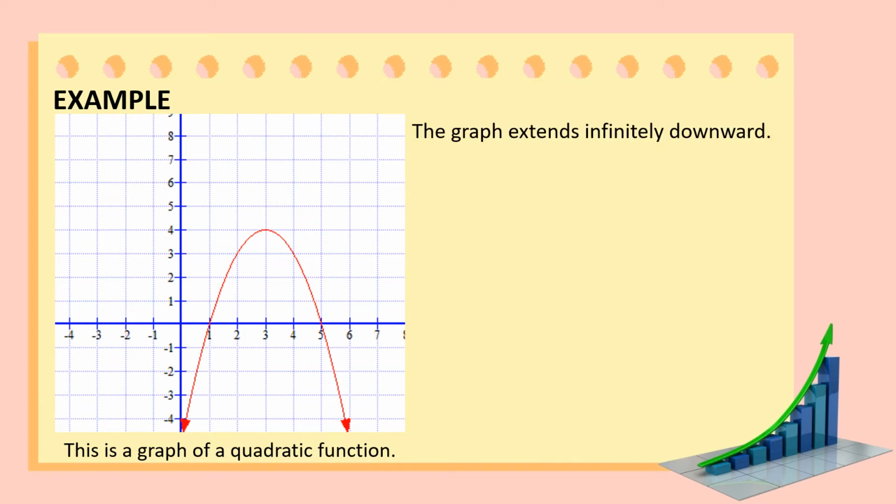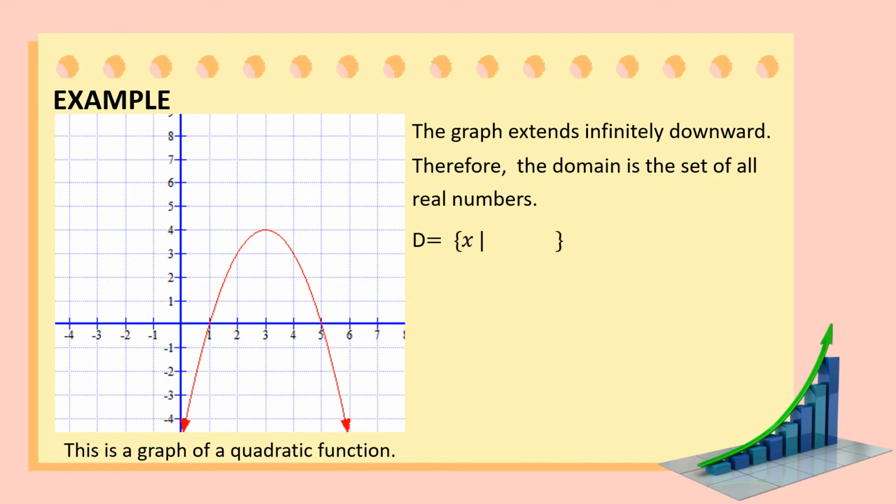The graph extends infinitely downward. Therefore, the domain is a set of all real numbers. So the domain is equal to the set of x such that x is an element of real numbers. And in interval notation, it is from negative infinity to positive infinity.